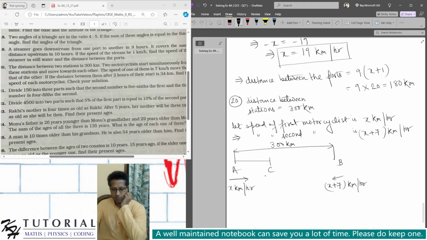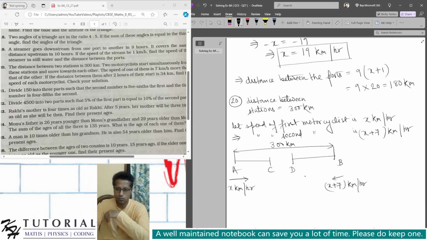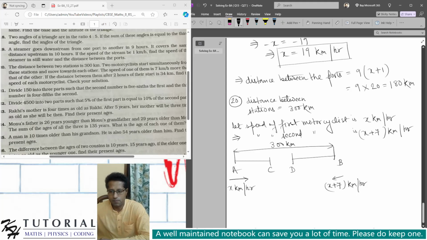The motorcyclist from station B towards A has reached the point D after 2 hours, covering a distance of BD. Now, what will be?